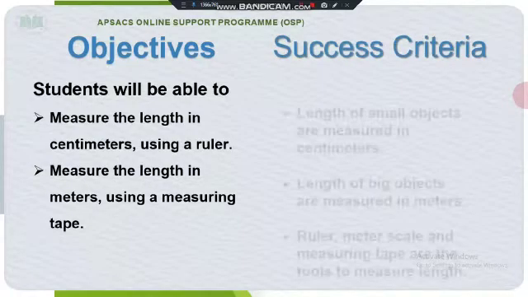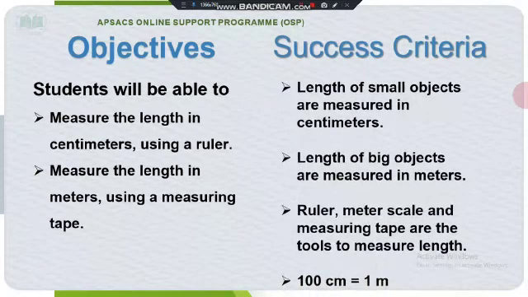Now success criteria. The length of small objects is measured in centimeters and the length of big objects is measured in meters. The tools we use are ruler, meter scale and measuring tape to measure the length. And remember, 100 centimeters is equal to 1 meter.